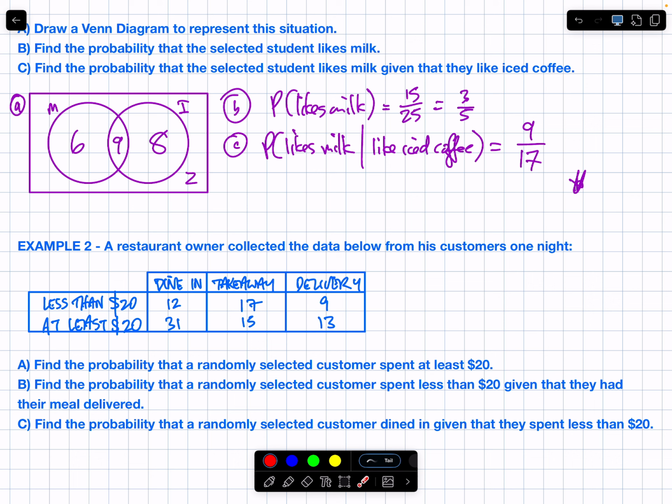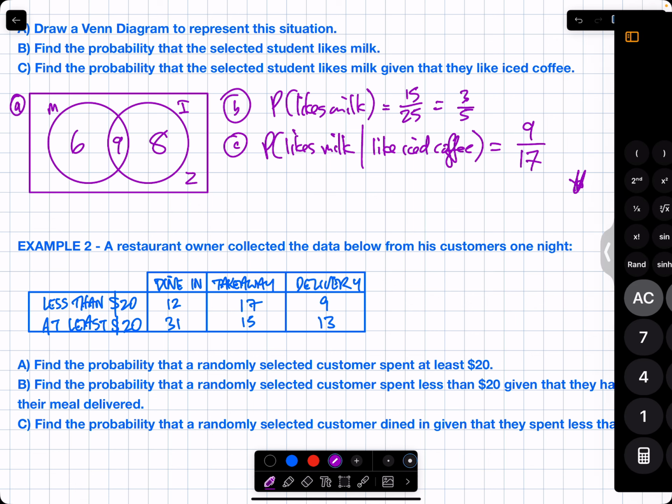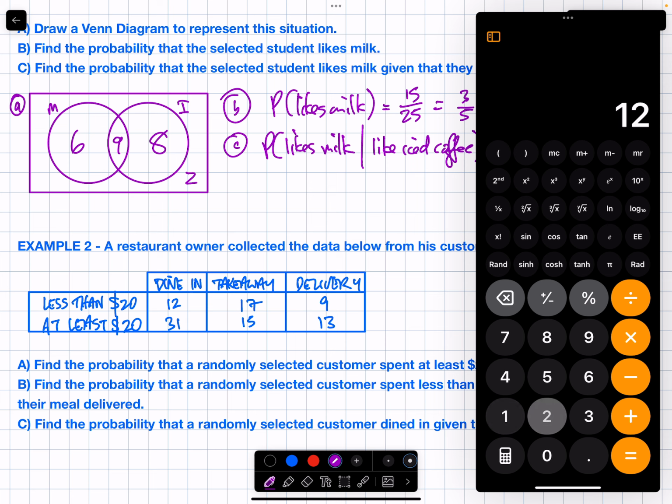So you need to finish the table like the previous example. So what you do is you go across 12, 17, 9 is going to give you the total that spent less than 20. 31, 15, 13 will give you the total 59. And that's going to give you 38 plus 59. That should be the total customers.